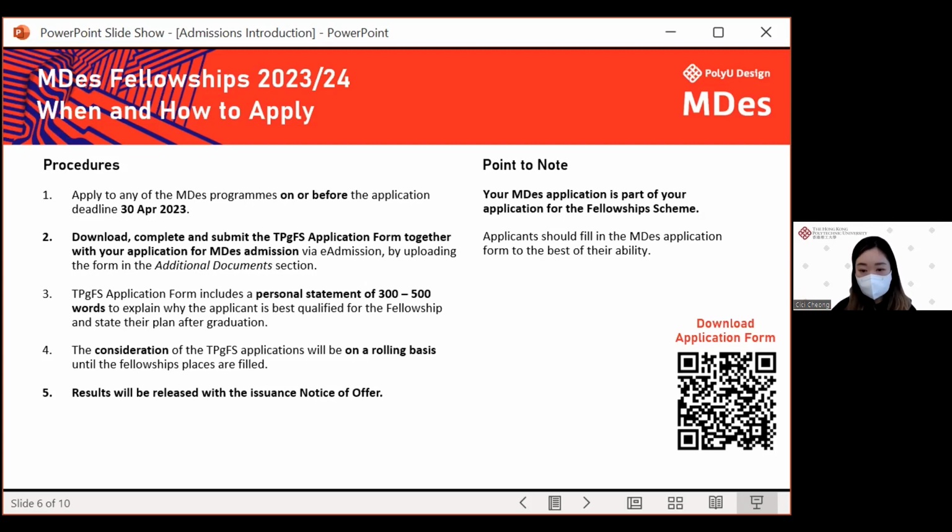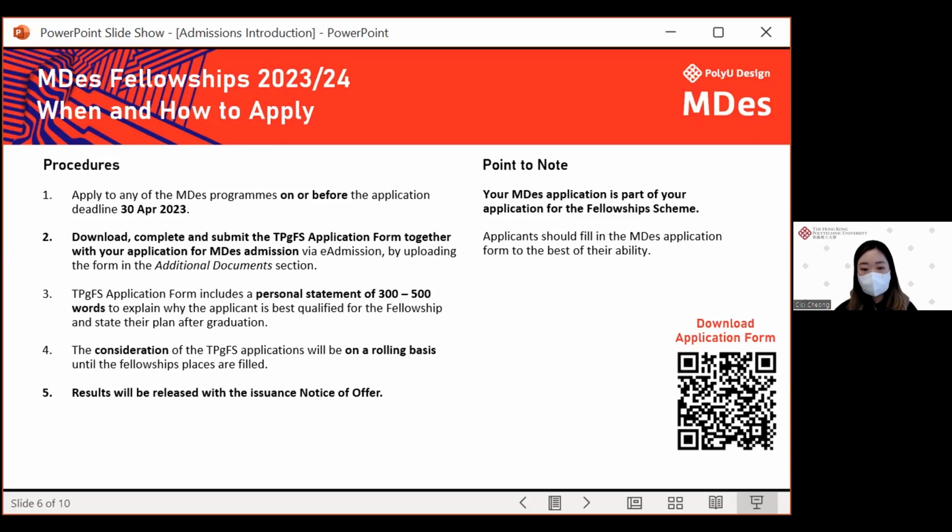The consideration of this fellowship application is on a rolling basis. So I suggest you apply for our program and also the fellowship as early as possible in order to secure your place and also the fellowship quota.